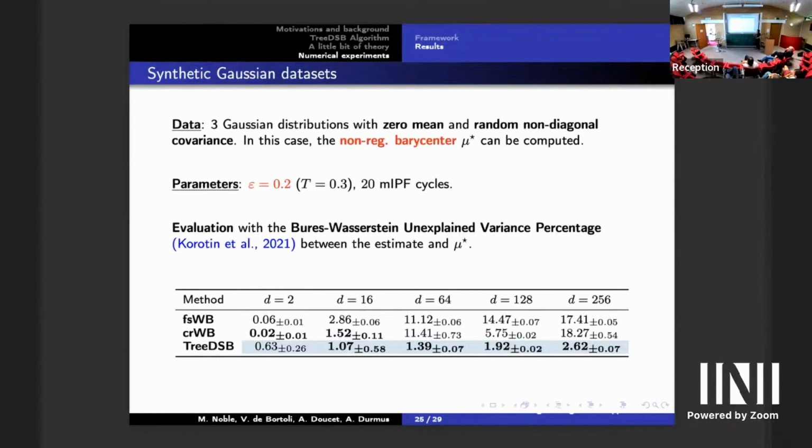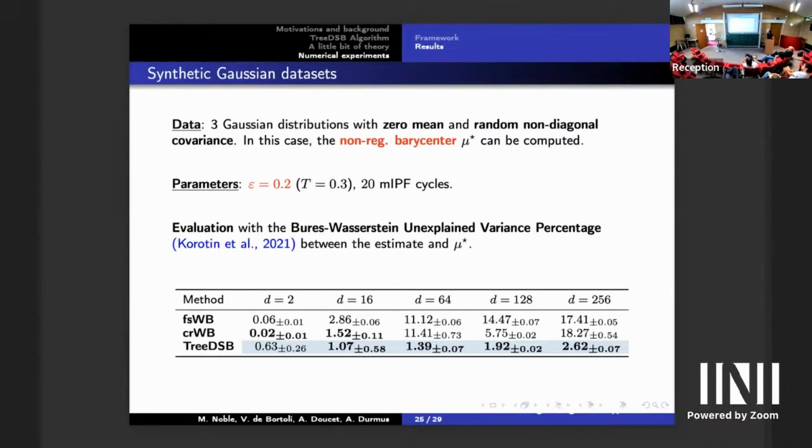And then I say, actually I have Gaussian distributions. So with Gaussian distributions, we know that the non-regularized Wasserstein barycenter is also a Gaussian with explicit mean and explicit covariance. And so what I do is simply compute the Wasserstein 2 distance between these two Gaussian distributions, the one which is estimated from the barycenter that I get at the end, and the true one.